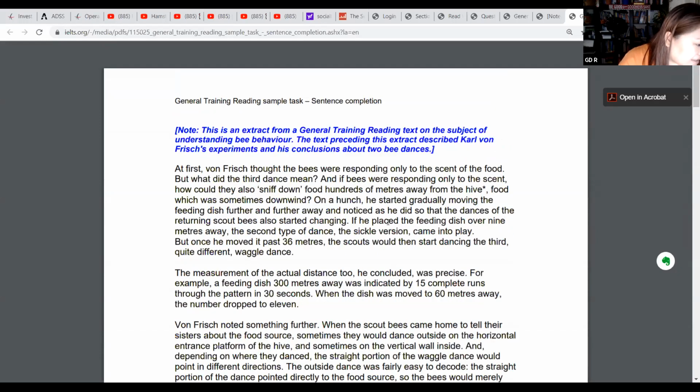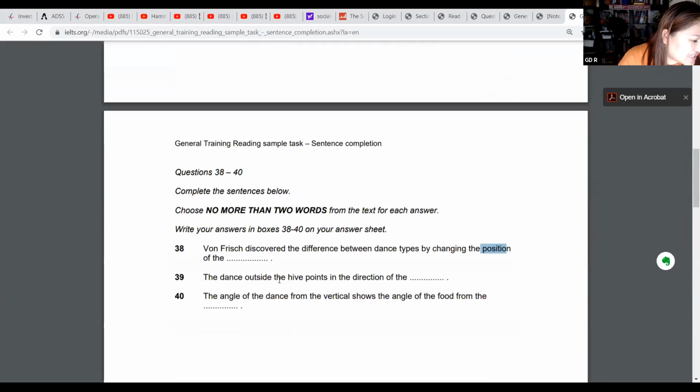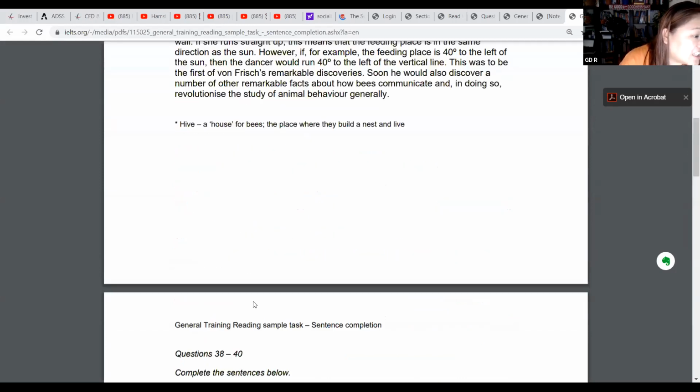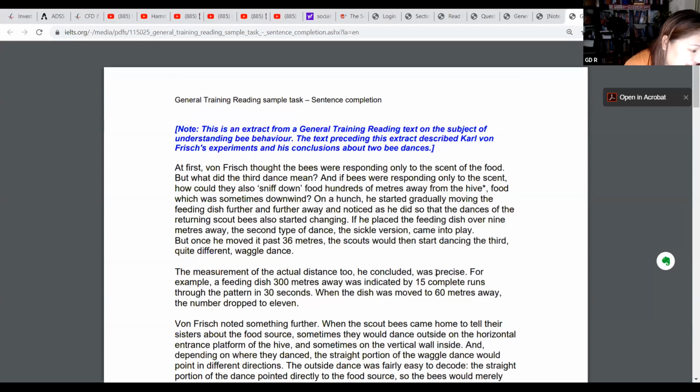So when you find those keywords, read around them. So number 2, for example, the dance outside the high points in the direction of. So again, you have to look for dance, high points, direction. Something that relates to this in the passage. Again, sometimes it's good na, if it's the first sentence, first question, you can assume that you can find it in the first paragraph. Pero if not, you have to read everything.